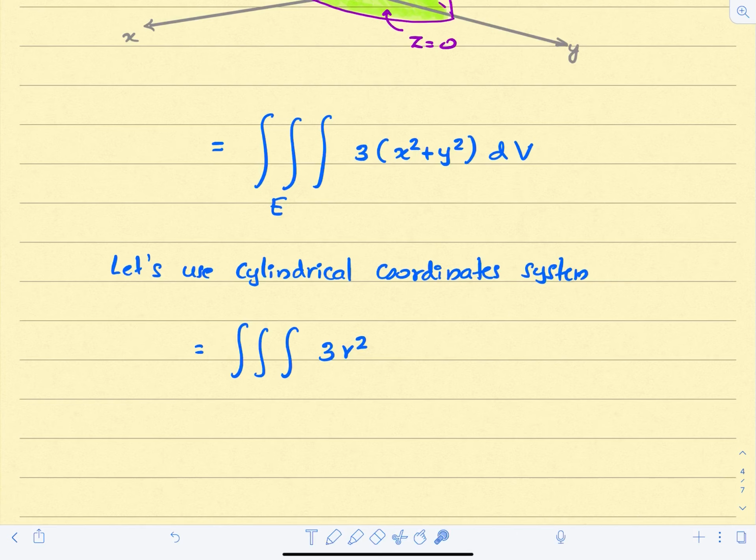Now in cylindrical coordinates, our volume element dV equals r dz dr d theta.